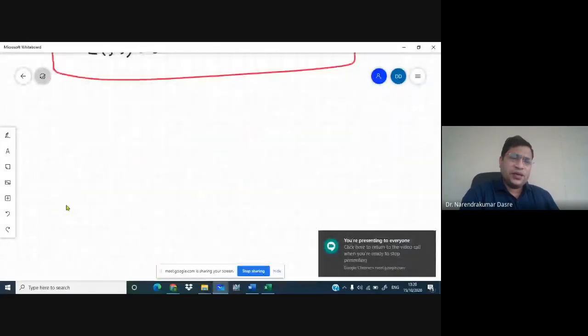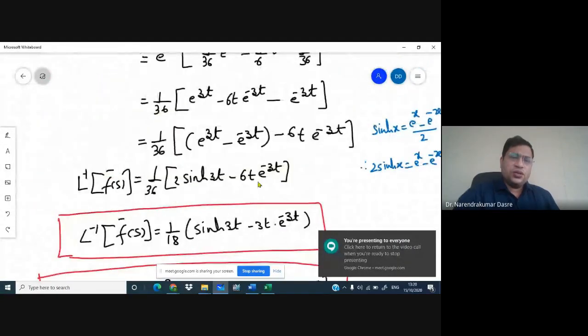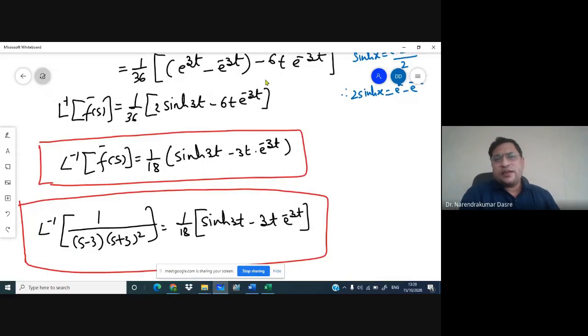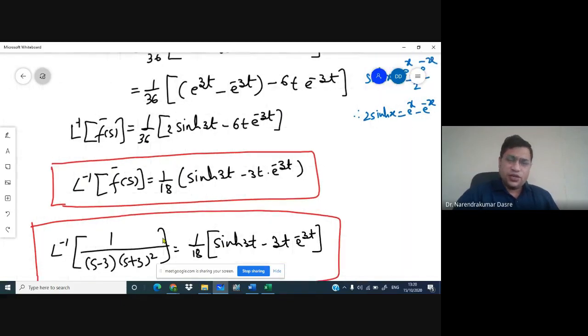But if the examiner wants you to simplify up to the hyperbolic sine terms, then this answer will not be sufficient, so one or two marks will be reduced. If you know, then why lose 1 or 2 marks? We have to write all the answer and then simplify as much as possible so that you get full marks.